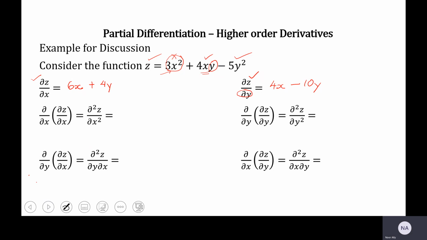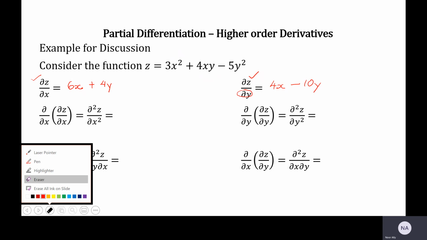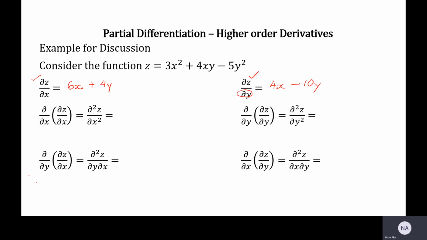Now, we need to continue, because we can find a second derivative. However, if we look at both cases, let's look at one case at a time. Let's look at partial dz dx.